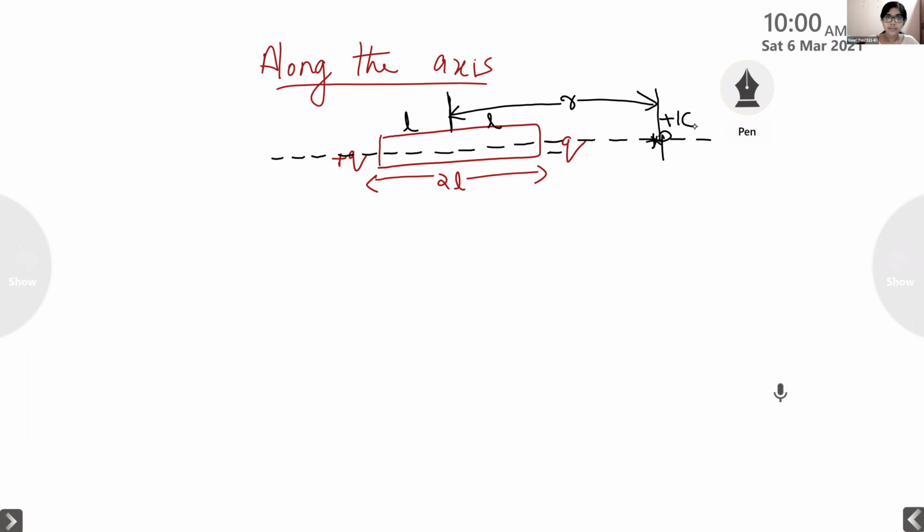There is a force of attraction between these two charges, because they are opposite charges. Opposite charges attract each other. So the force experienced by them is given by E1.